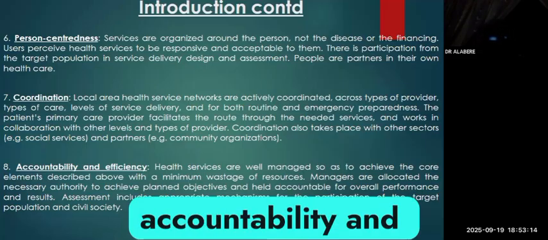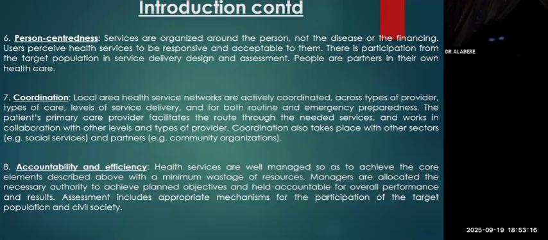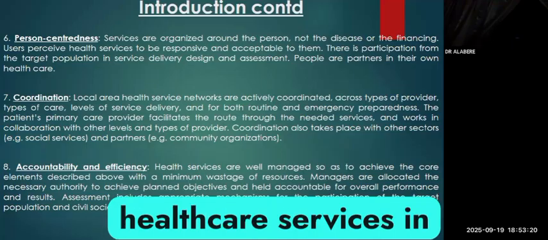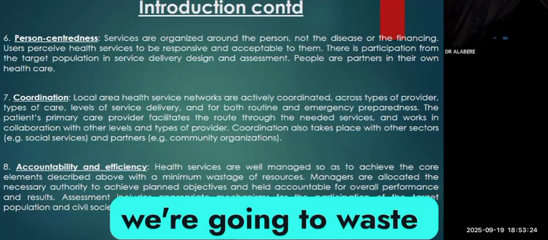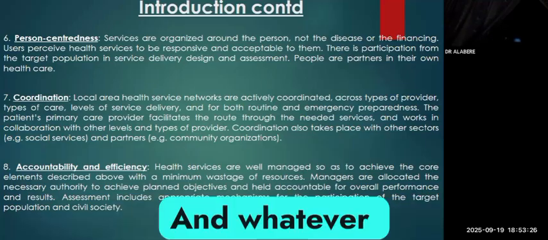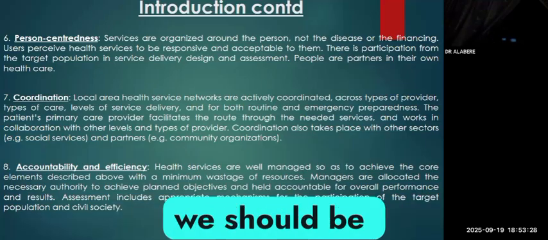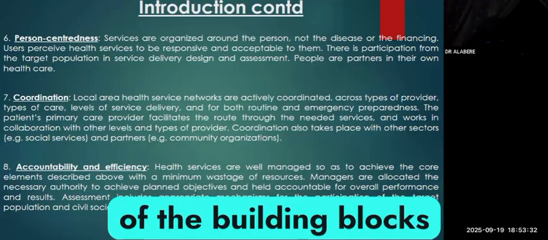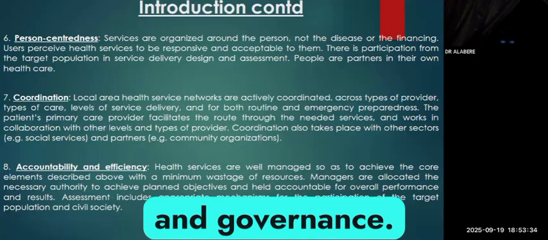Then we have accountability and efficiency. If we don't provide healthcare services in an efficient manner, we are going to waste resources. And whatever services we are providing, we should be accountable to somebody. And that is where one of the building blocks is leadership and governance.